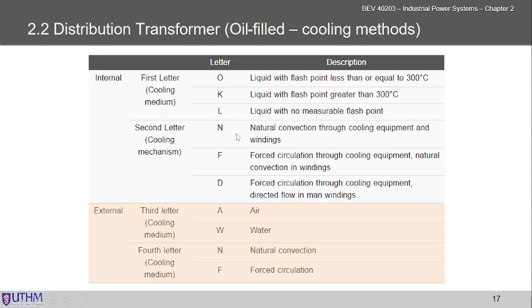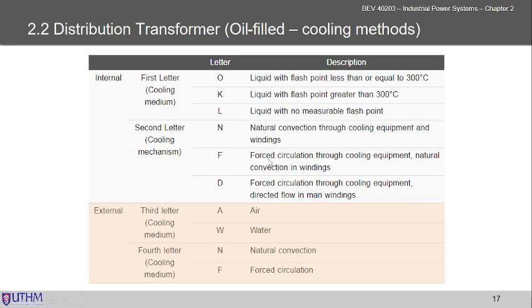For the second letter, if you see N, it is natural. N is natural convection, so that means it just circulates naturally. And F is by force.